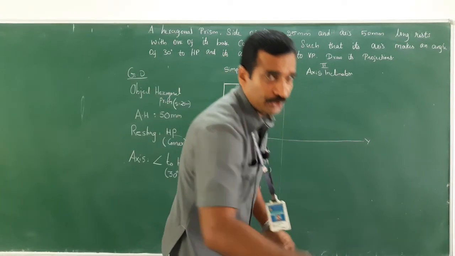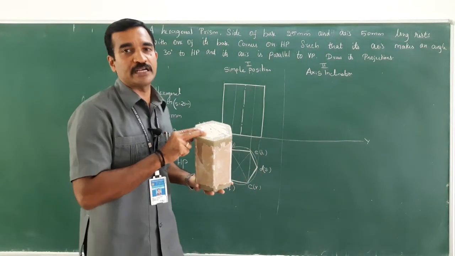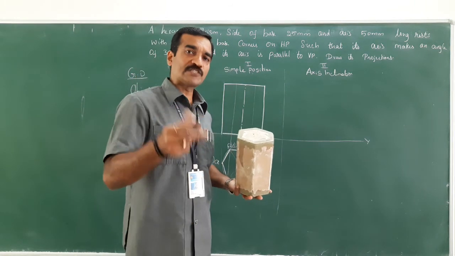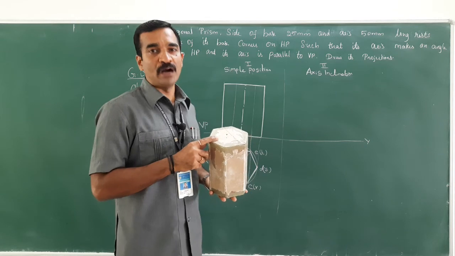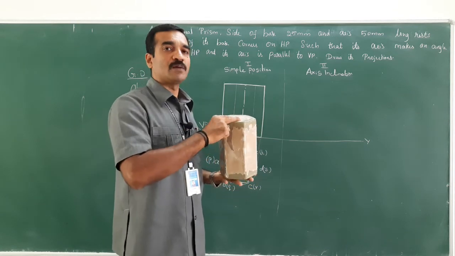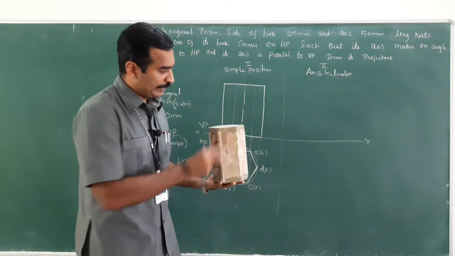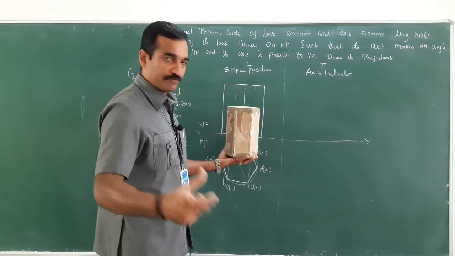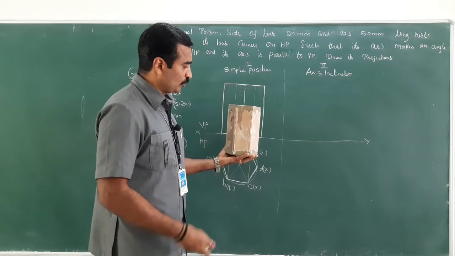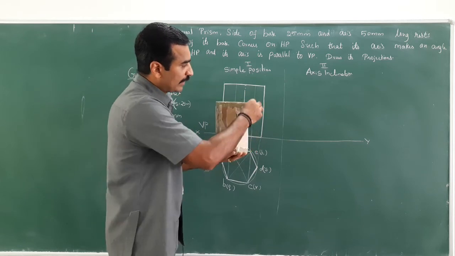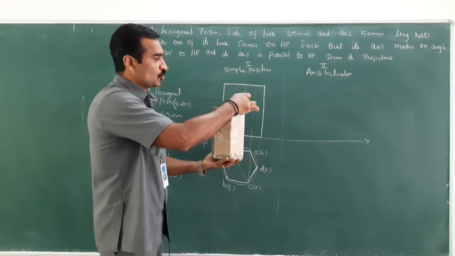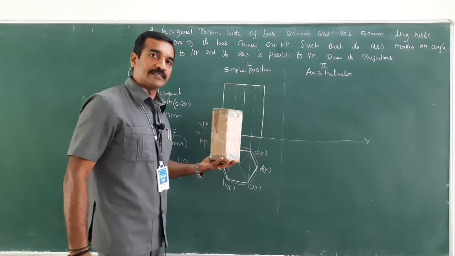Practically you will not have this object in front of you. So as an engineer, you should have the imagination power, assuming that this object is in front of you. When the object is in this manner and you look from the front, you could see the longer edges, this one, this one and this one and this one. These two have already been captured in the boundary.